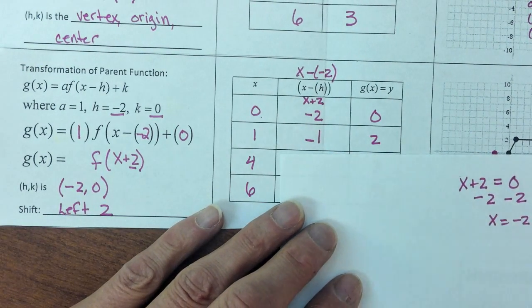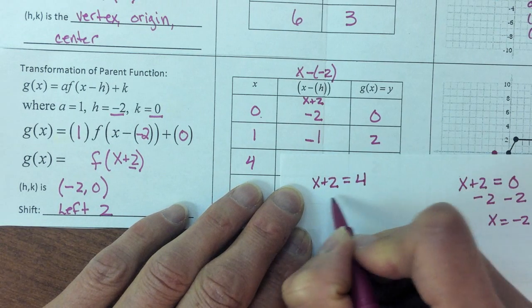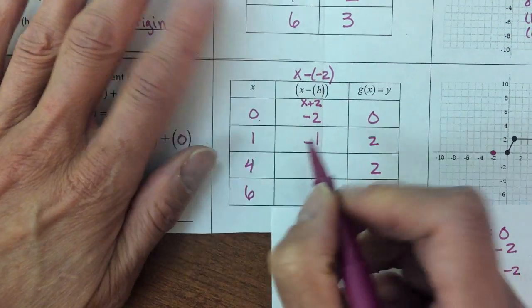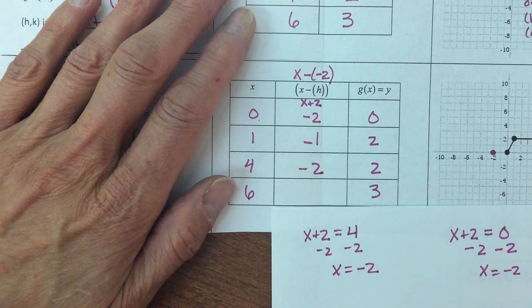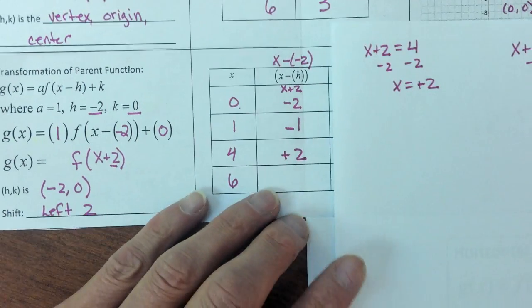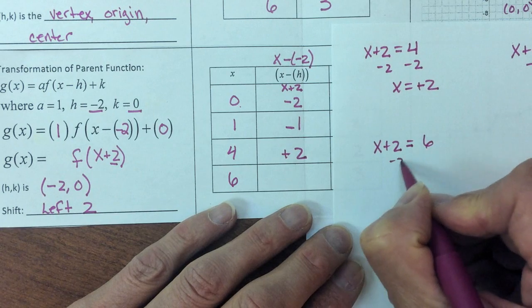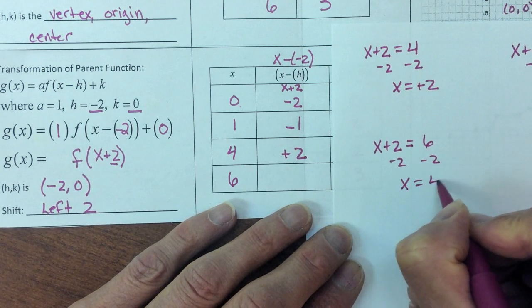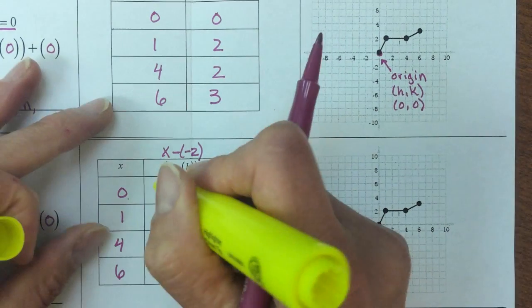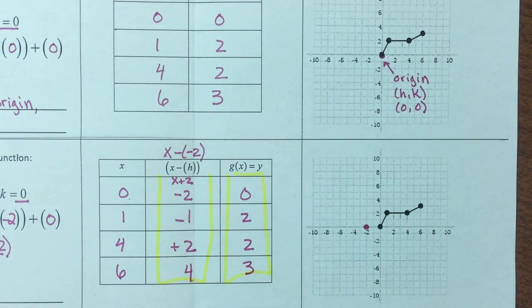Here, I had x plus 2, and I want to get it to 4, I subtract 2, so that gives me x equals 2. And if my last one, if I had x plus 2 and I want to get it equal to 6, that gives me x equals 4. So these are my new coordinates right here. So those are the ones that I'm going to take.